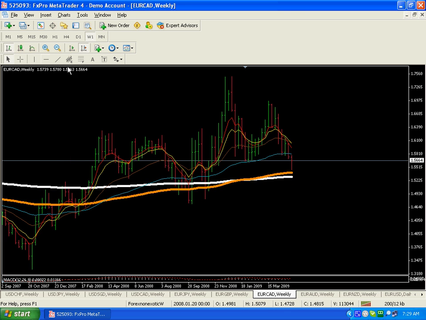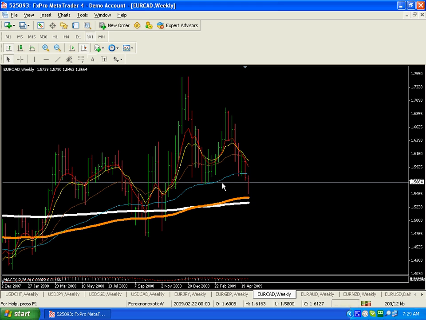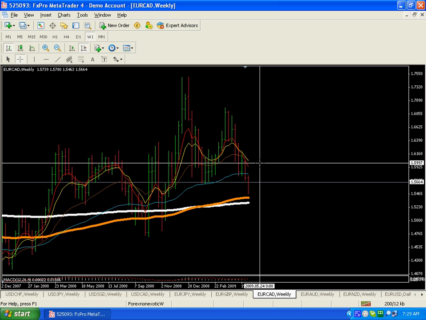Also, this is on the weekly, so you could take this bar about 20 points from the highs of the bar and work it out to this resistance level, which is right here, a little bit before 1.6.